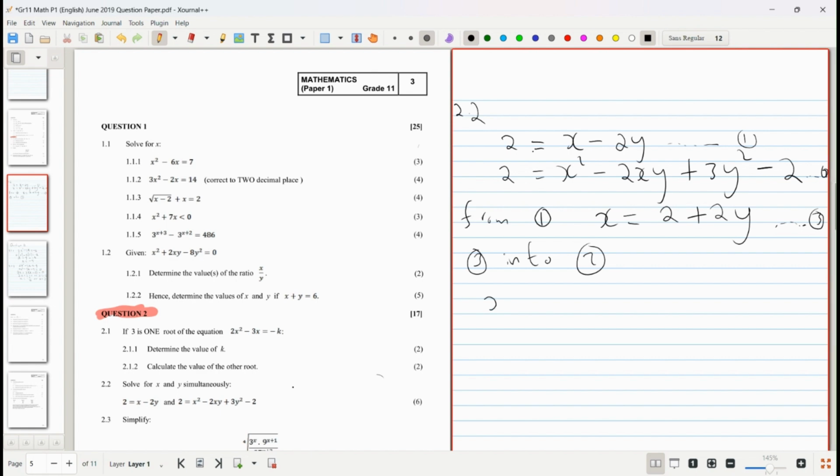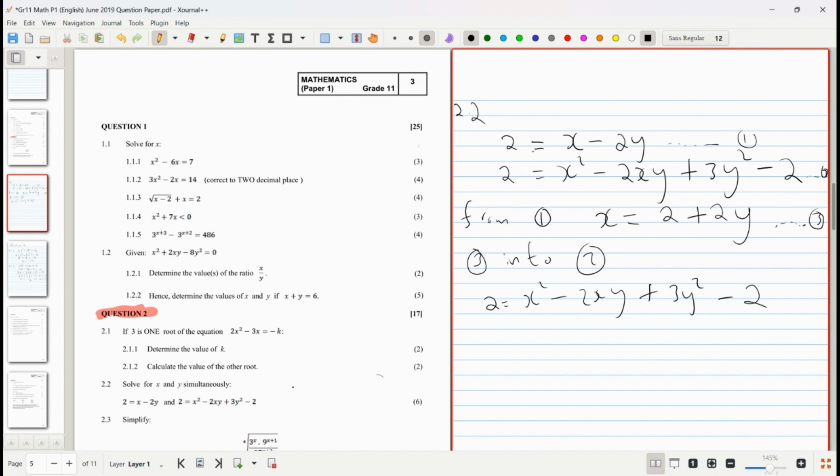So equation 2, we have 2 equal to x squared minus 2xy plus 3y squared minus 2.